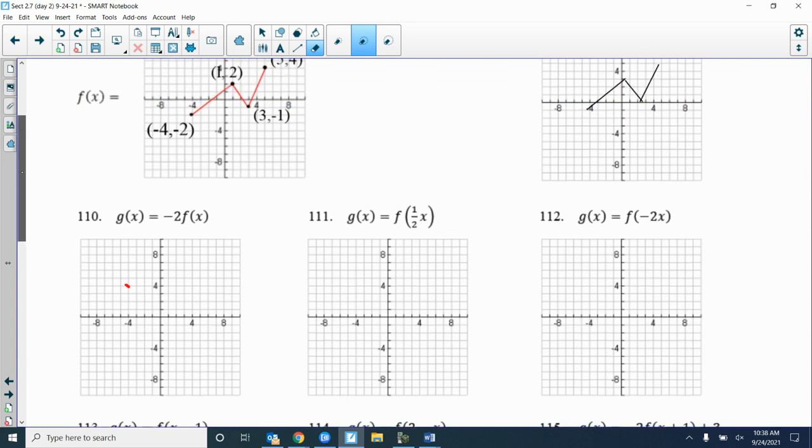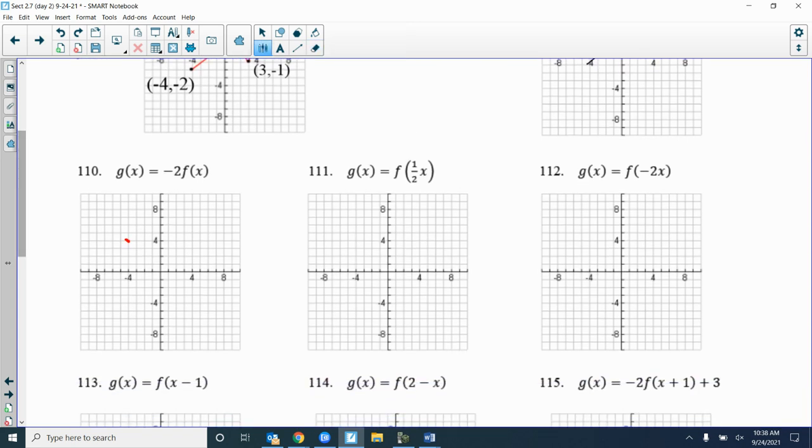The next one is 1, 2. First thing it does is what? Stretch. So it's going to go to 1, 4. And then it reflects over the x-axis, so it's going to go to 1, -4.